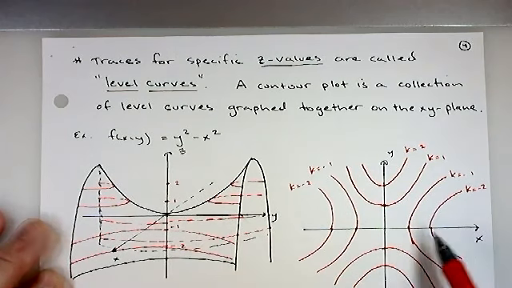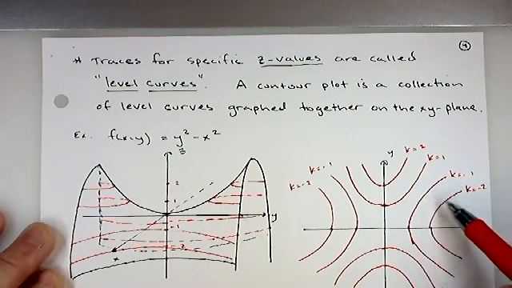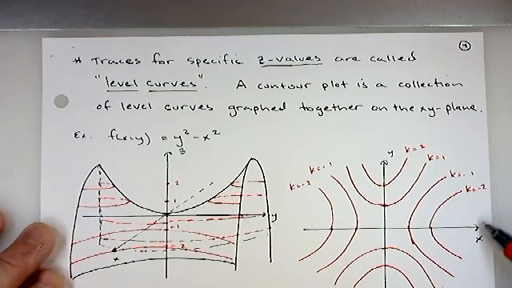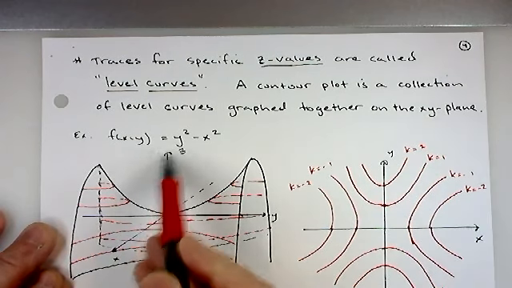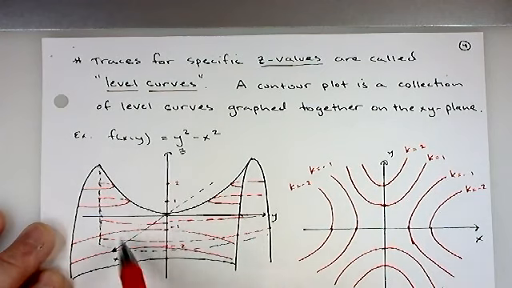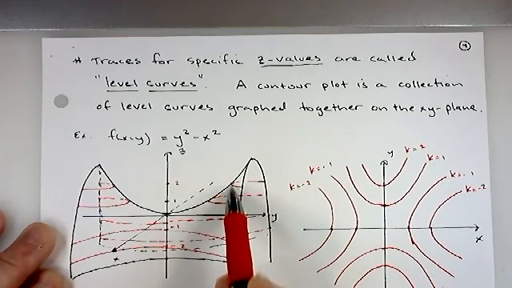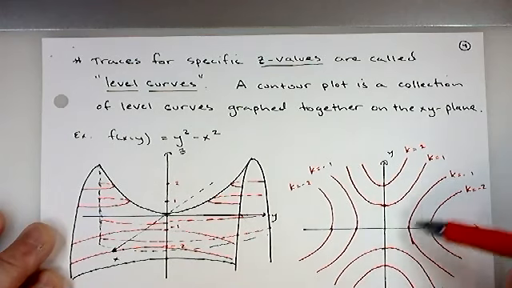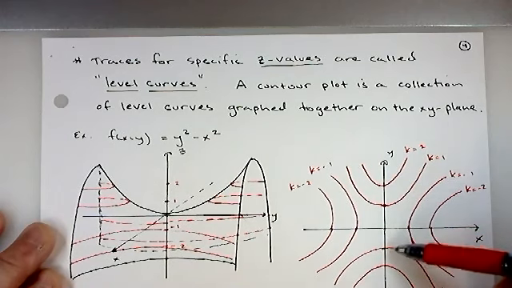You can visualize, this is called a contour plot, when you take a bunch of level curves and plot them just on the xy axis. Another way I like to visualize this, imagine you were looking down from an airplane, you wouldn't necessarily know how high all of these lines are. You would just see a graph like this if you were looking from above.